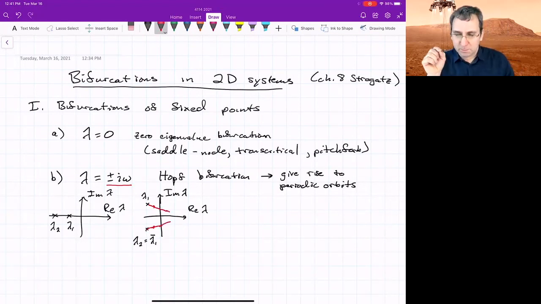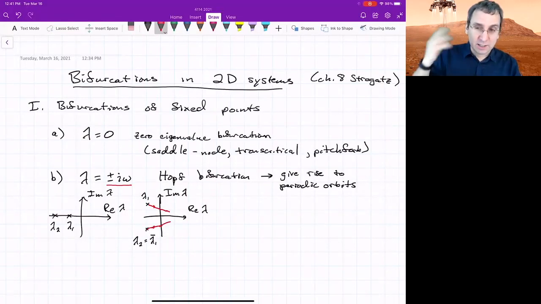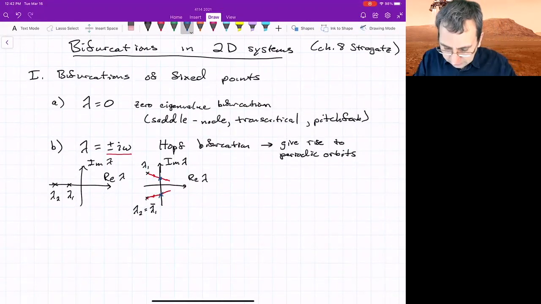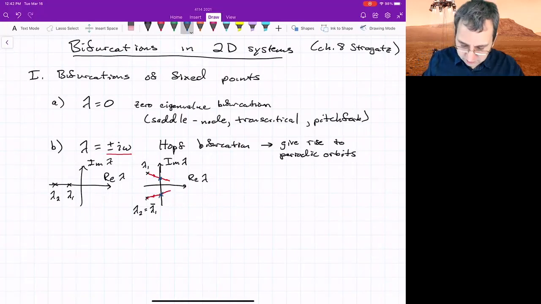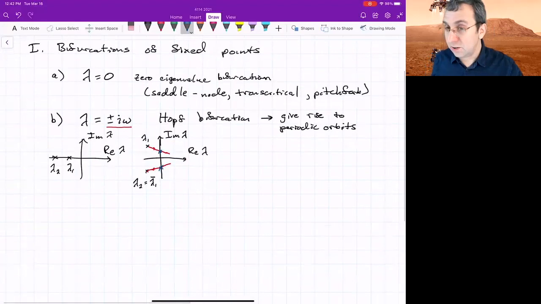So from the point of view of just looking at the fixed point, we will have something that goes from a stable spiral to an unstable spiral, but due to nonlinear terms, a periodic orbit could show up right at that crossing. So we'll get to that. Let's start looking at the lambda equals 0 bifurcations, because I think those are the easier ones to understand. And then we'll get to the thing that's definitely new in 2D, which is the Hopf bifurcation.